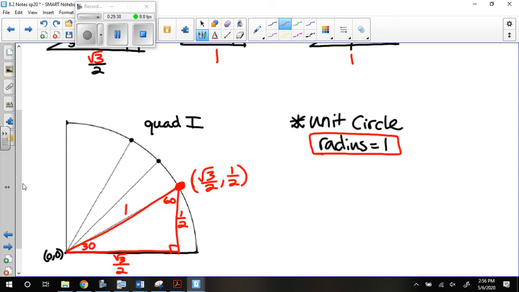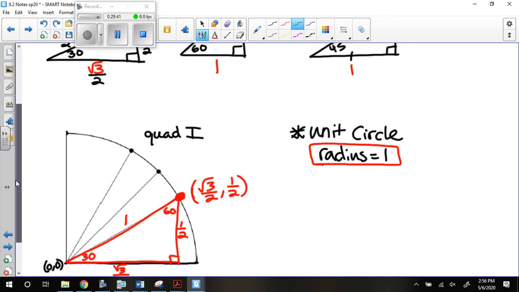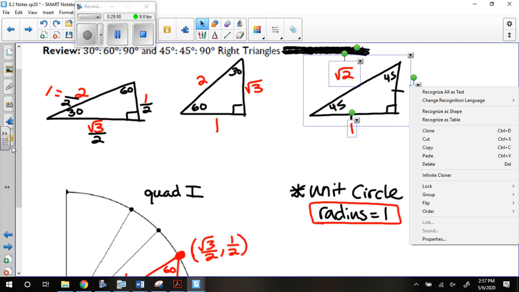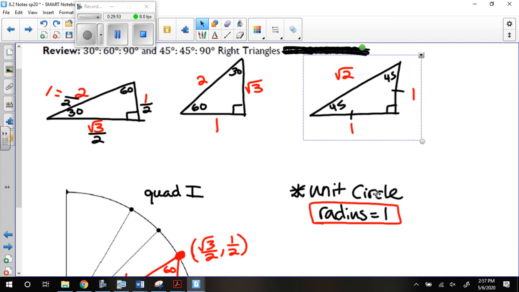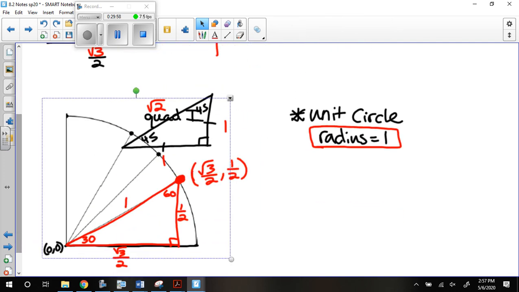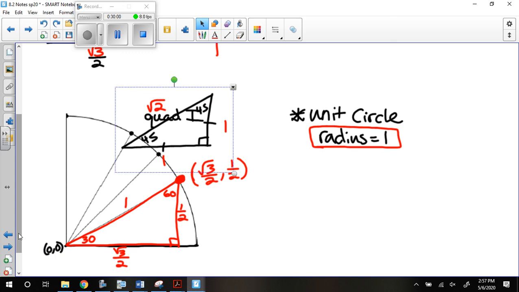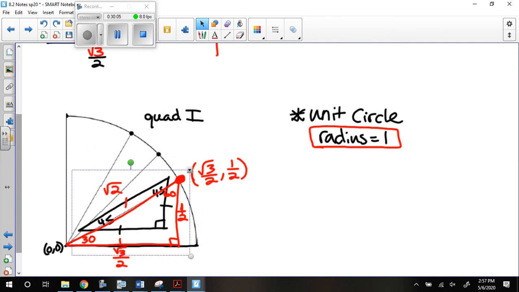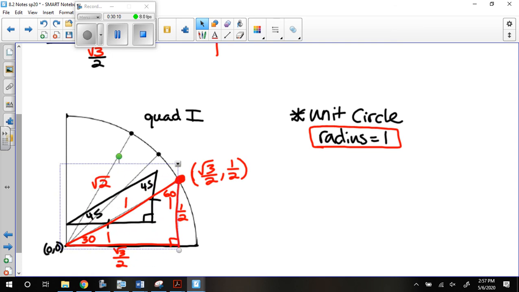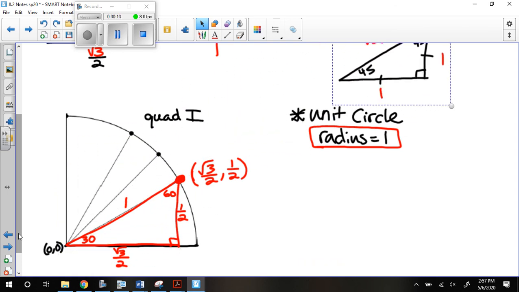Now, I'm going to go to my 45, 45, 90 triangle, and essentially I'm taking this triangle, which I'm going to group all together, and I'm putting it, oh goodness, get it to drag. Come on. There we go. Putting it on our circle, but I didn't draw it to scale, so it doesn't exactly match up like I want it to.